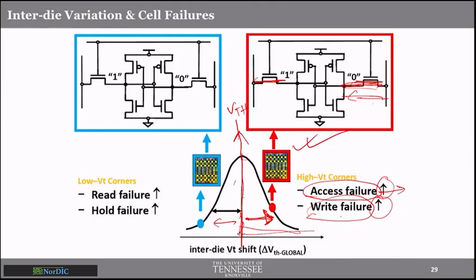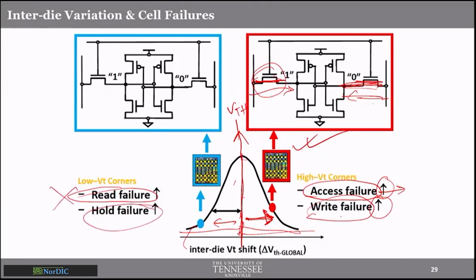And how about the low VT scenario? If the transistors have lower threshold voltage, then they will be stronger. I mean, they will have more current. But in certain scenarios, you don't want them to be too strong. For example, during read operation, if the access transistor is too strong, then you will end up writing into the cell during read operation. So you'll have read failure. The same thing applies for hold operation.